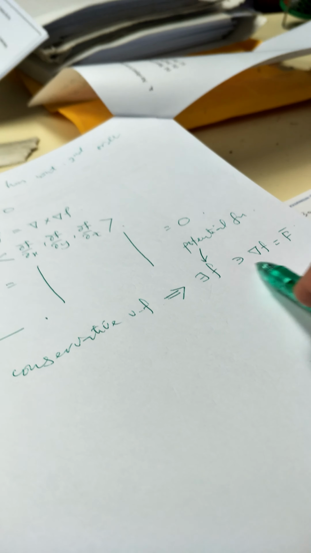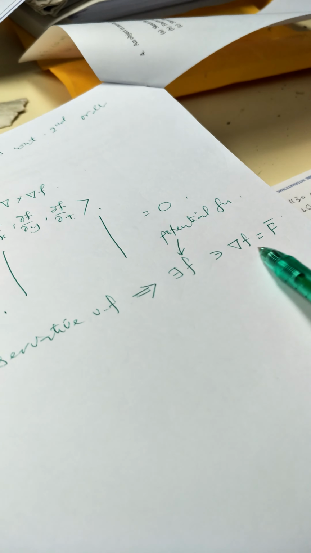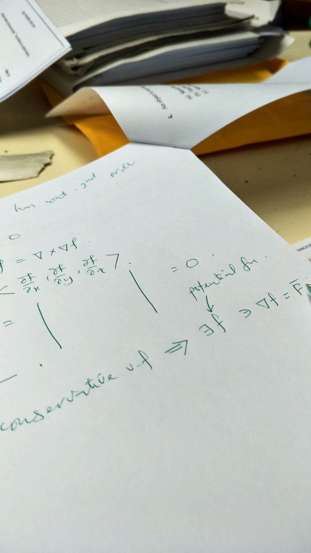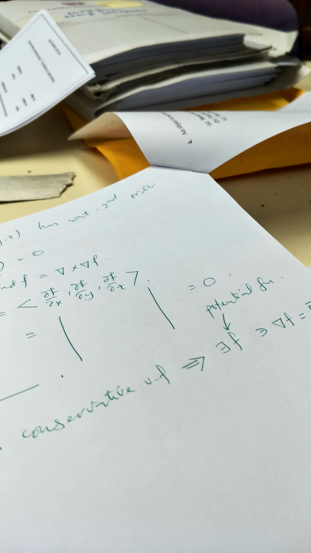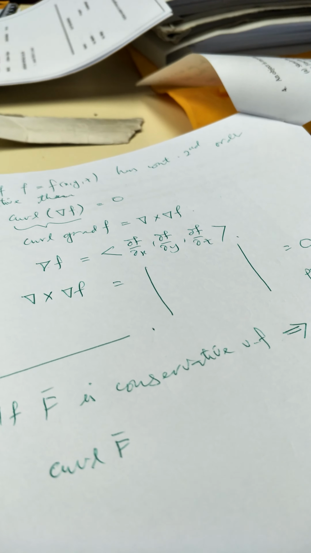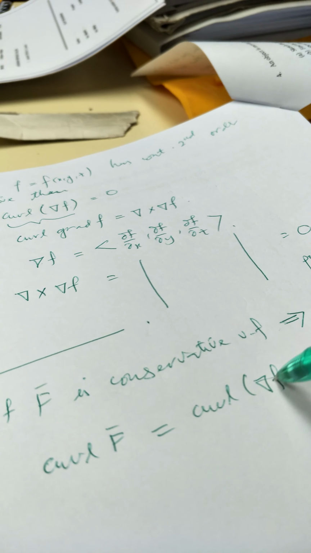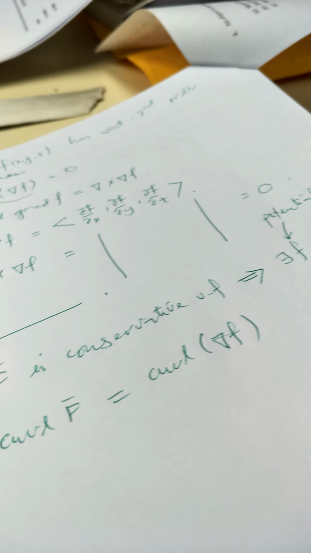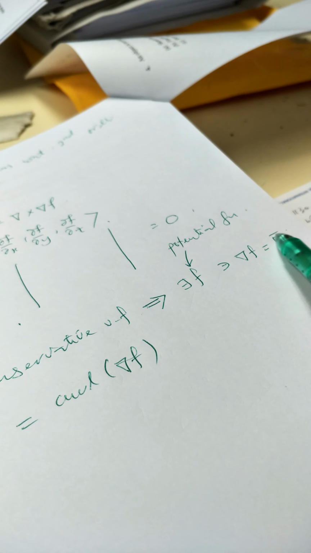If you look at F conservative, we have this relation. See what happens if we substitute into curl of F. That gives us curl of del f, because F, in this case, has a potential f such that that relation is true.